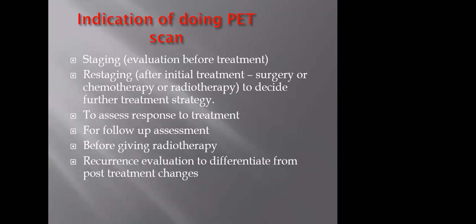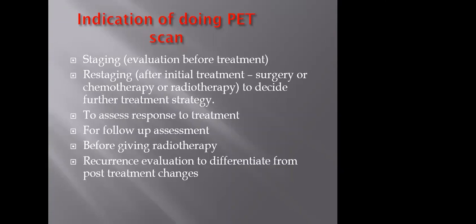The majority of radiation oncologists use PET scan before they offer definitive radiotherapy to the patient, to see if there is any metastasis or any metabolically active lesion out of the field of radiation. Then the last indication is to differentiate between recurrence versus post-treatment changes.